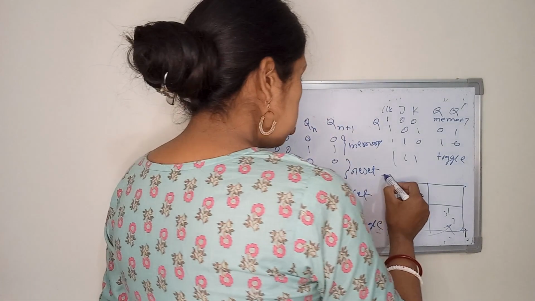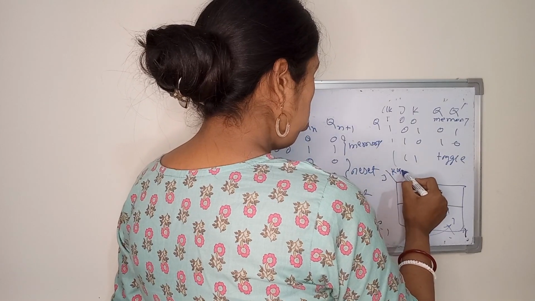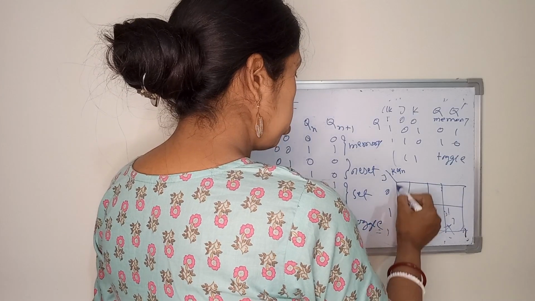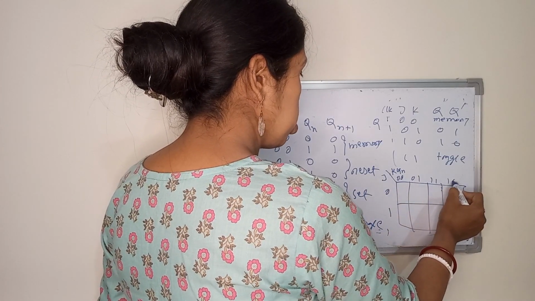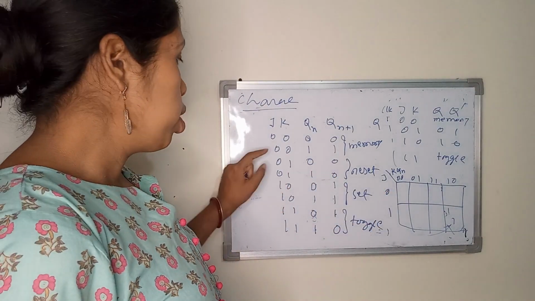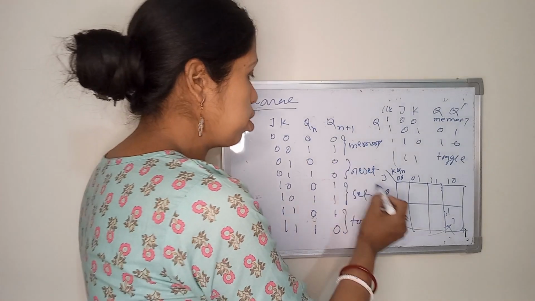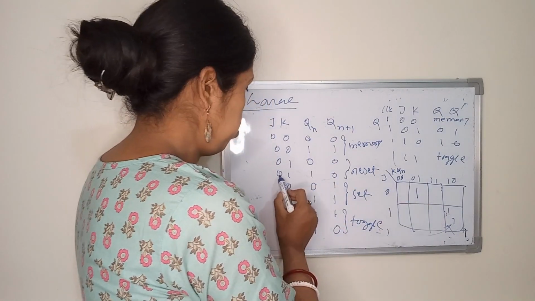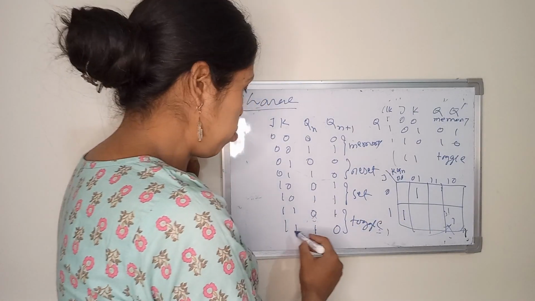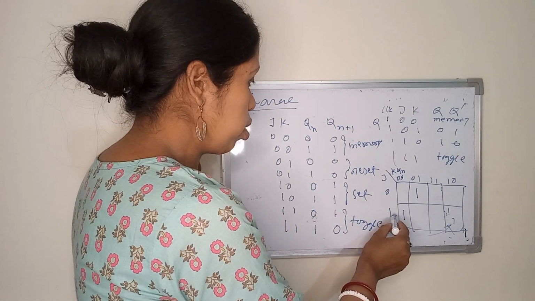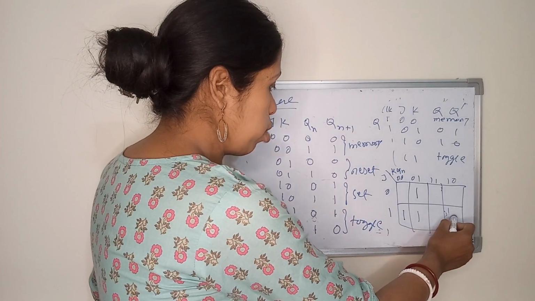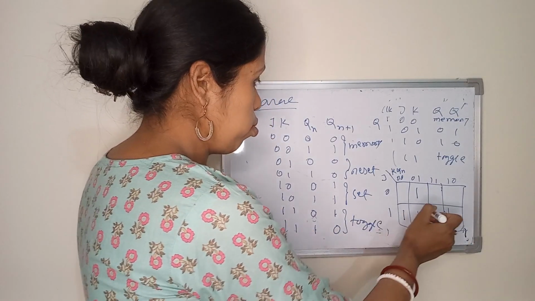So I write J, K, Q and put the Qn plus 1 values in the K-map. For the 0, 0, 1 combination I have 1; for 1, 0, 0 combination I have 1; for 1, 0, 1, I have 1; for 1, 1, 0, I have 1; and for 1, 1, 1.